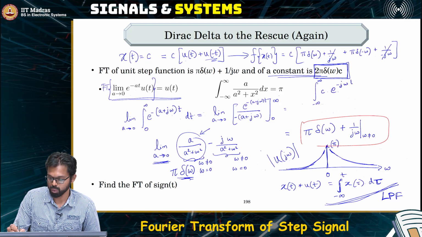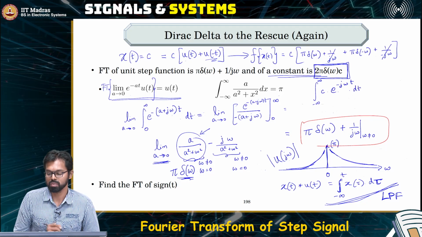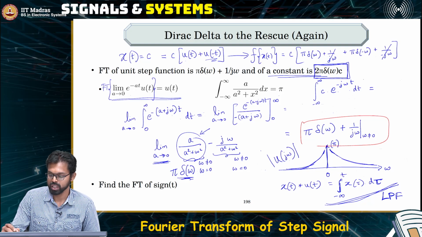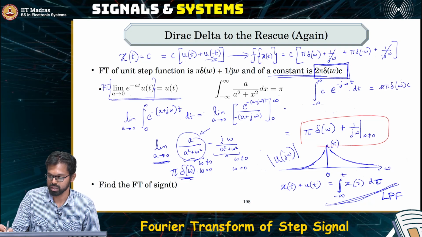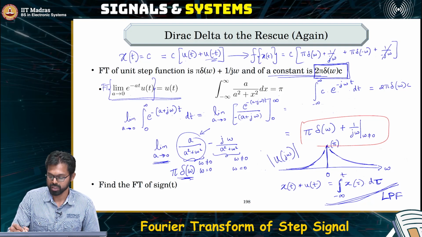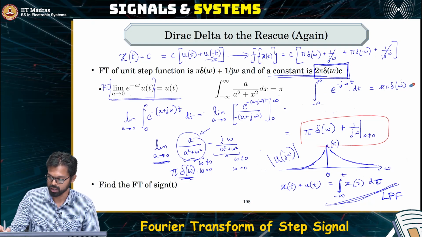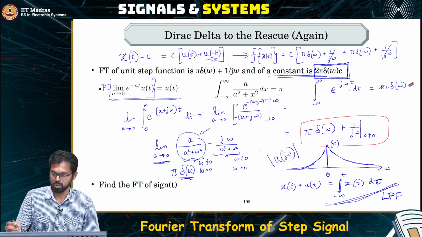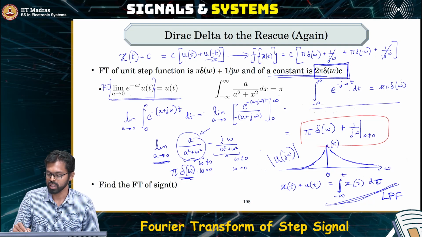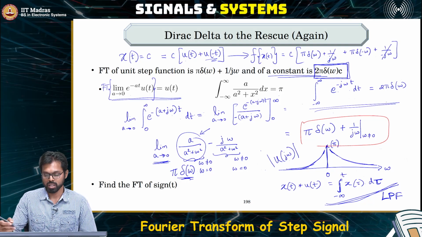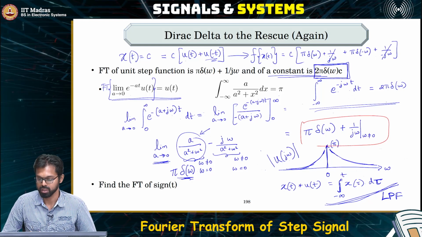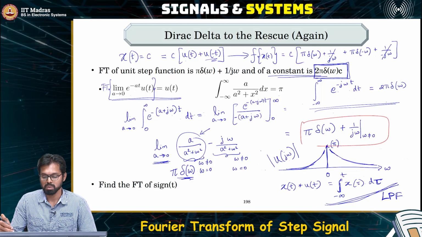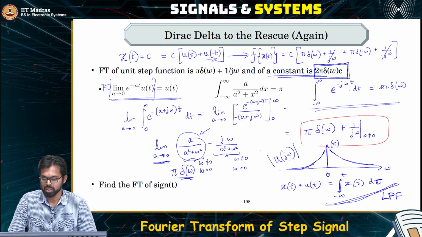The integral of c e power minus j omega t dt, right? And now we are saying this is equal to 2 pi delta of omega times c. And if c is 1, then you get this relationship. This is a relationship we have been using many times so far, but how did we get to it? This is because of these Fourier transform properties.